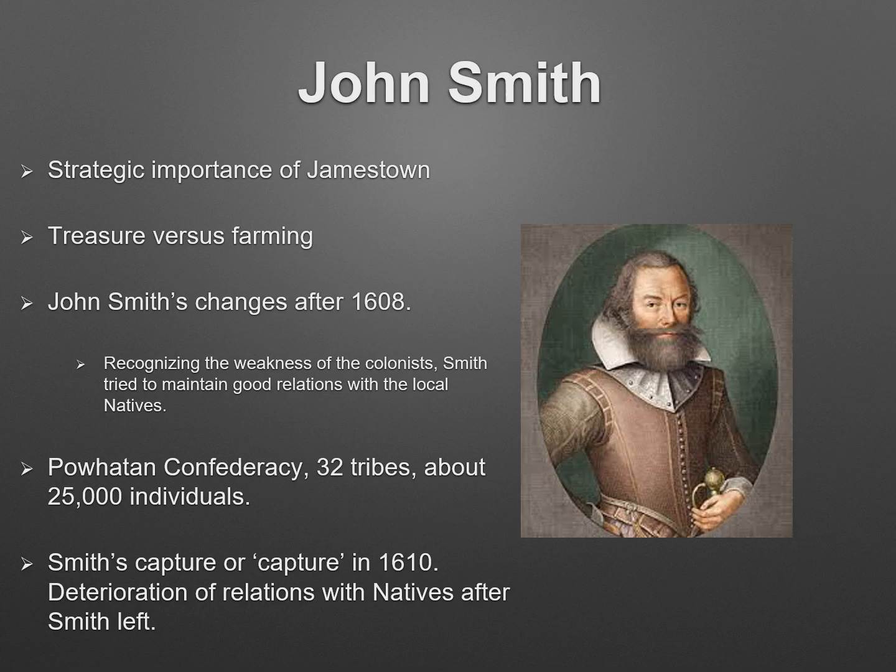He understood that he needed to maintain good relations with the natives because in the Chesapeake Bay, they were the power. The Powhatan Confederacy was comprised of 30 different tribes, 25,000 individual Native Americans, and when you compare that to a colony of a couple of hundred people, with a fort made of wooden sticks, Smith knew that this was what had to happen.